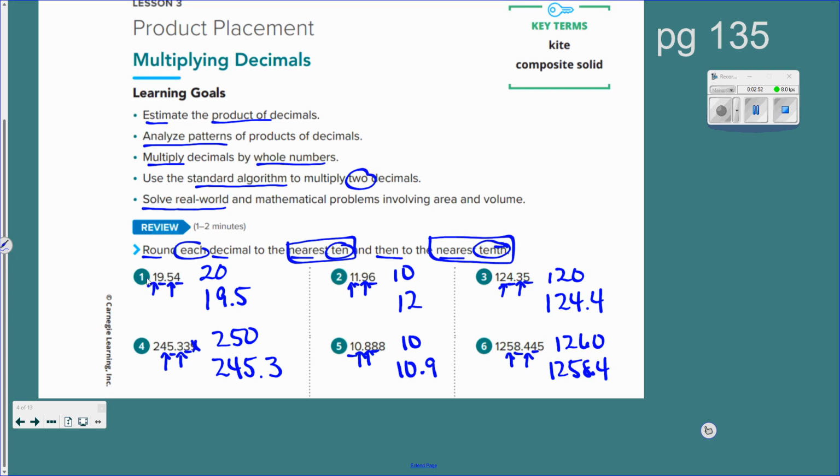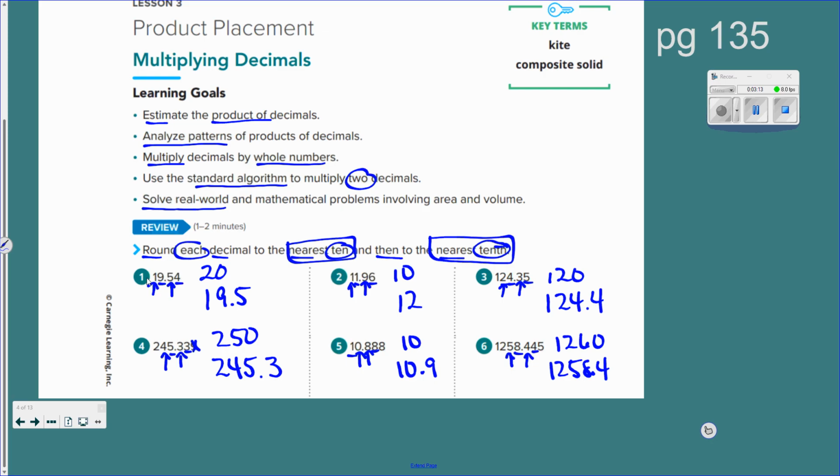Are we good on those? Yeah. Good. I'm rounding to the nearest 10. Right? So the 1 means that it goes. Not worried about that.